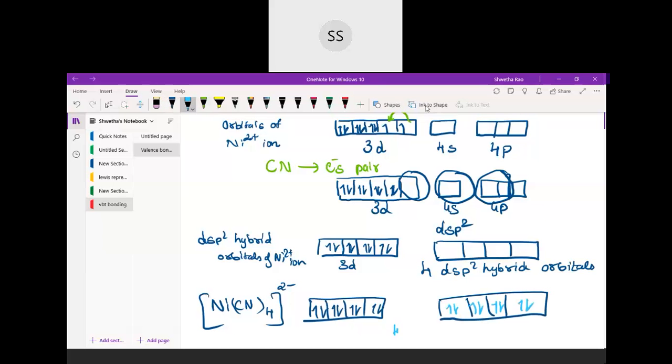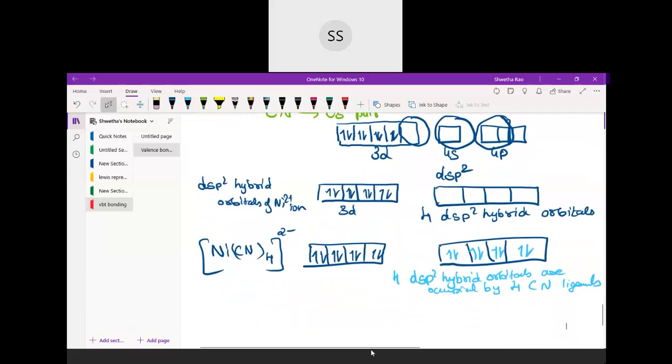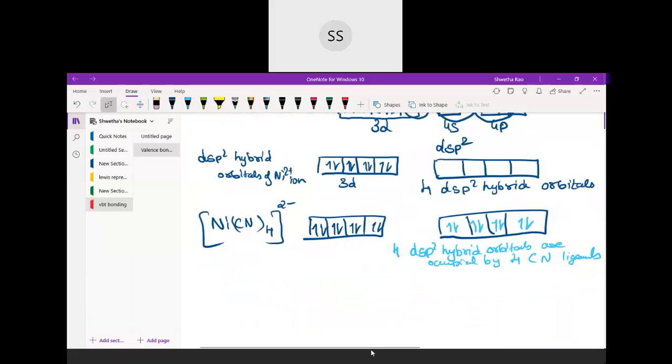Here you can write a statement: dsp2 hybrid orbitals are occupied by 4 CN ligands, that is cyanide ligands. Then you write the details of it, that is the hybridization. And then you have to tell me the geometry, magnetic property, and the type of complex.